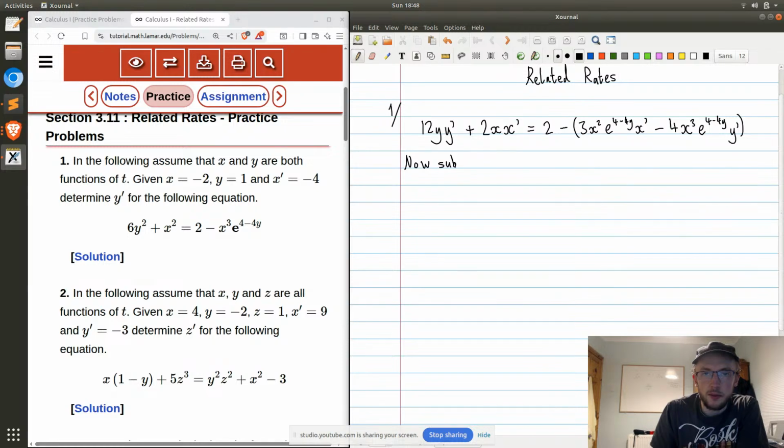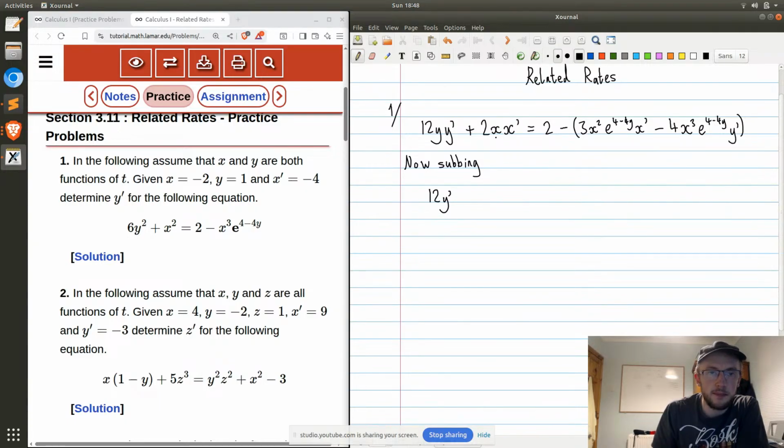Now, instead of getting all my y prime stuff onto one side, I'll just make the substitutions directly and straight up. So 12y is just simply, so that first term there will just turn into that.